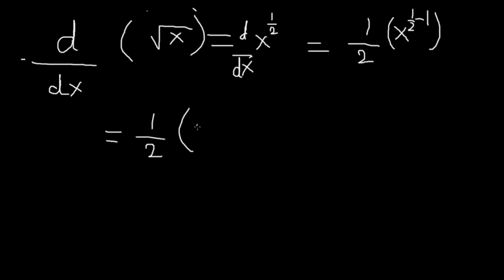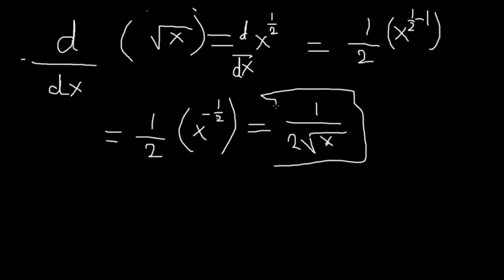So it's x to the negative 1 over 2. You can also write it as this, or you can convert it to non-exponential form, or 1 over 2 square root of x. Since it's a negative, it goes to the bottom, and anything to the power half is a square root. So that's your answer.